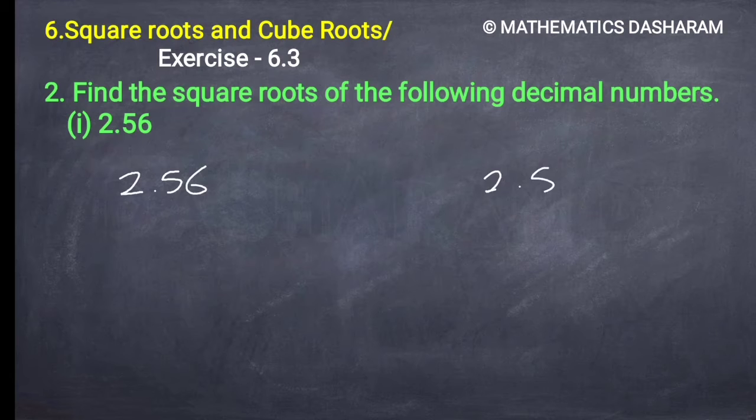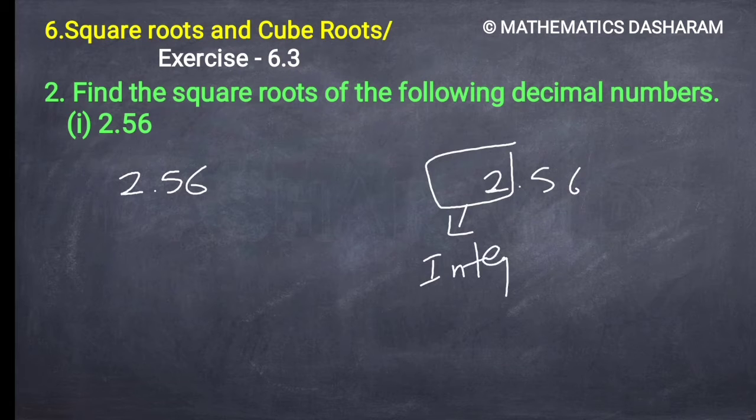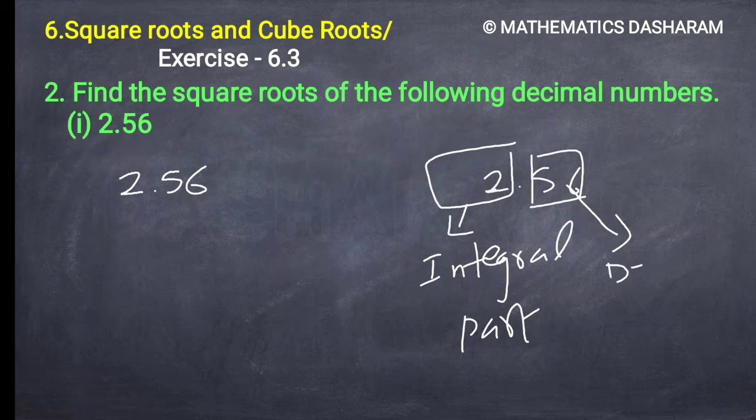In the decimal number 2.56, the left side of the decimal point is called the integral part, and the right side is called the decimal part.